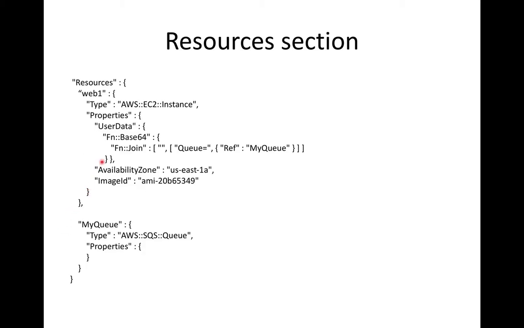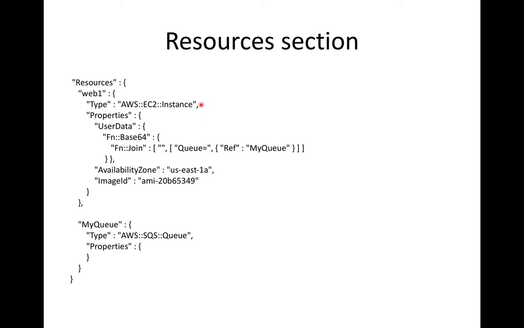Here's an example of a resource section within our CloudFormation template. In this resource, we're defining a resource called Web1. That's the logical name. The resource has a type, which is AWS::EC2::Instance. This is a specific resource type. How do you know the resource type that you should use in the template?